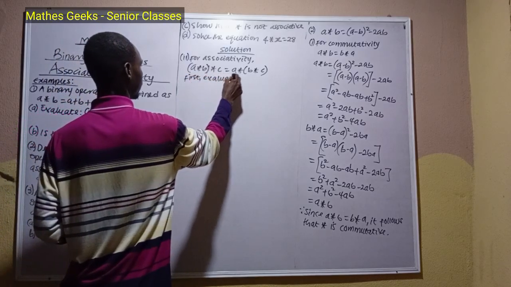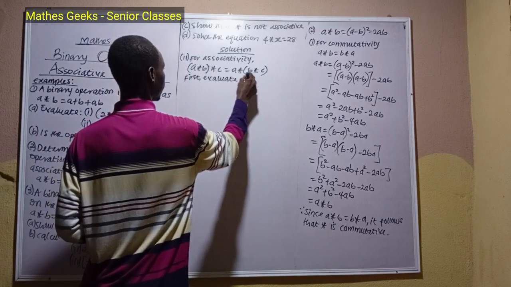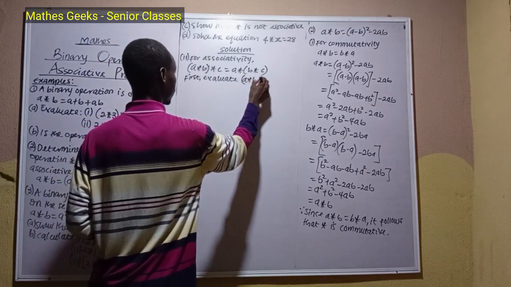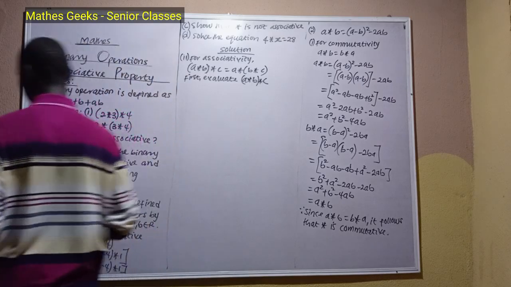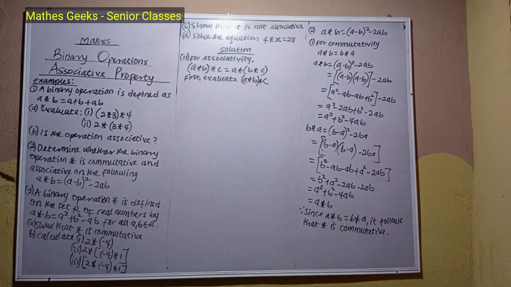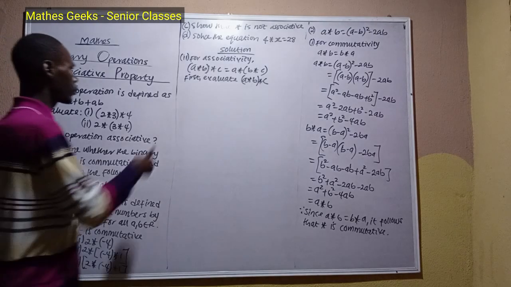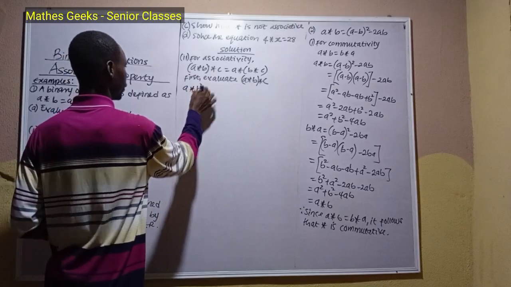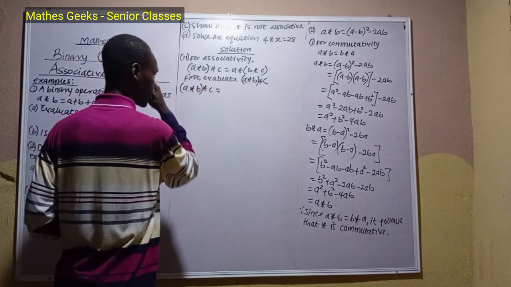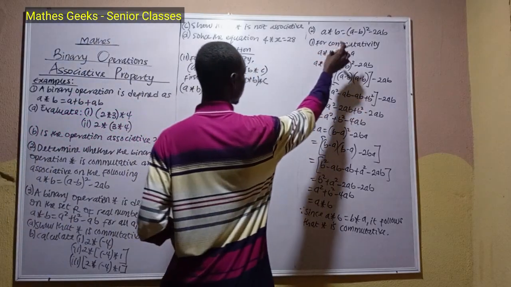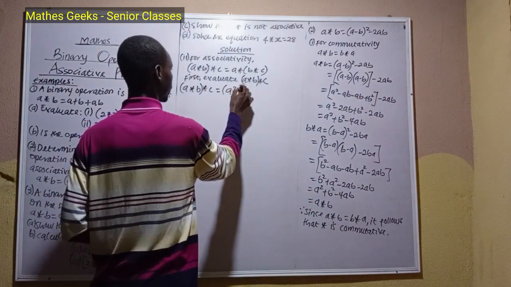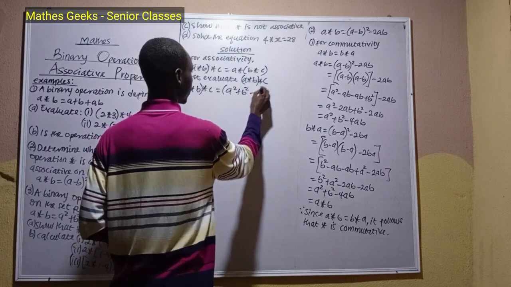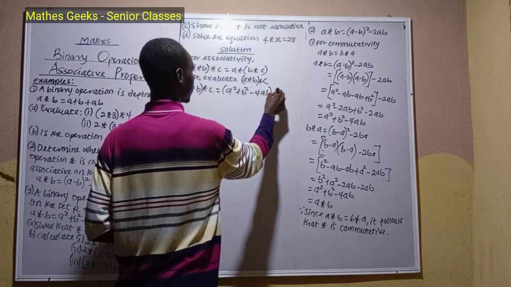Evaluate (A star B) star C. A star B star C is equal to A star B, which is already from here, A squared plus B squared minus 4AB, star C.